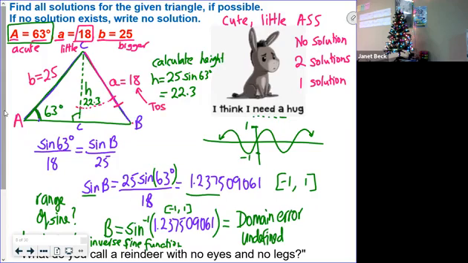Oopsie. It's shorter than the height of the triangle. It cannot reach the base, because A is shorter than the height. There's no way it can reach the base of the triangle. And if we'd worked that out first, we wouldn't have had to do any of the subsequent work.